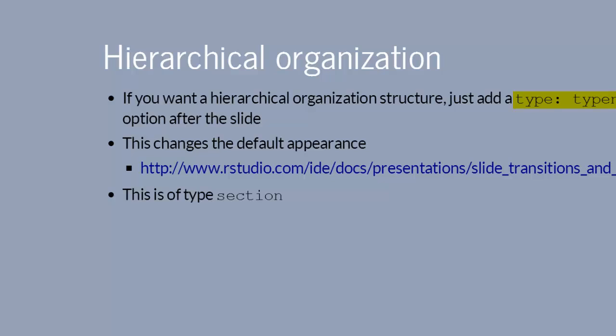But if you do type equals type name, then it'll create the slide style for that level of organization. So this style right here, this light blue background with the white heading letters, that's the section. So anyway, this is of type section, and then this link right here, which is getting chopped off.